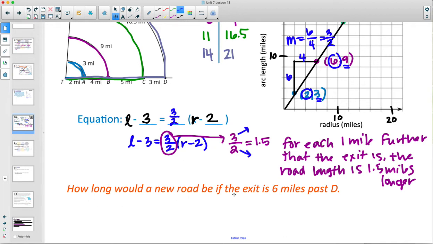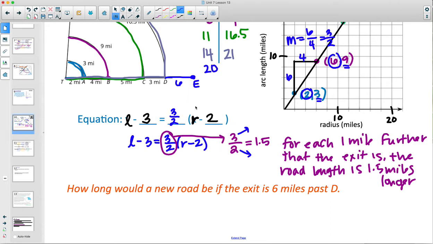So how long would the new road be if the exit is 6 miles past D? So if we added another 6 miles on here, and we put this new exit, what would our new road length be? If we went 6 miles past here, that would be at 20.